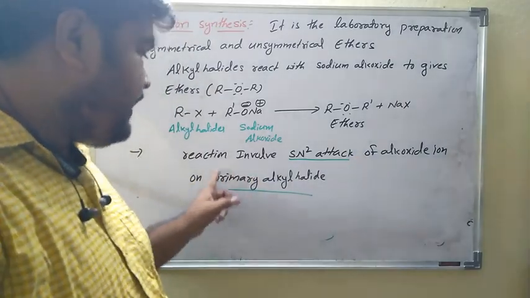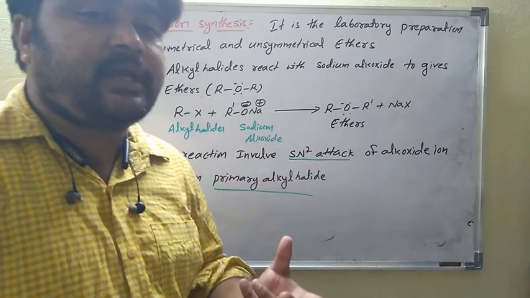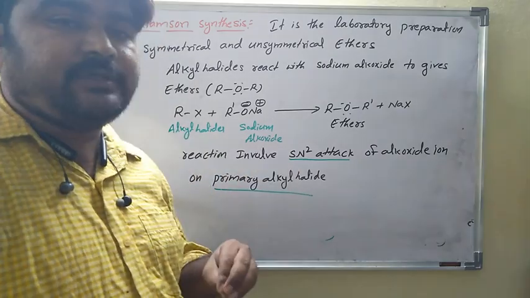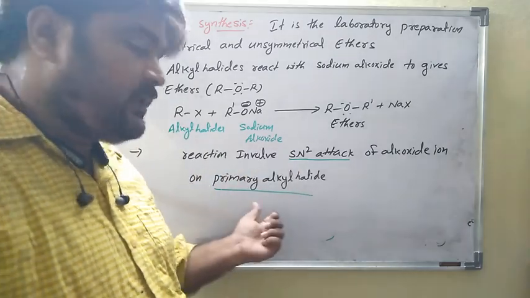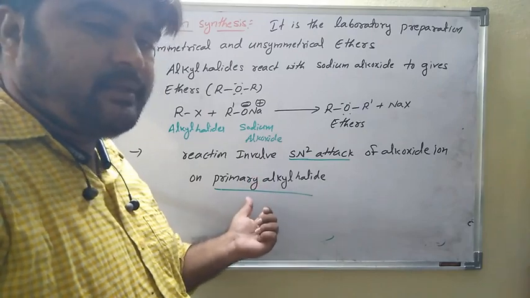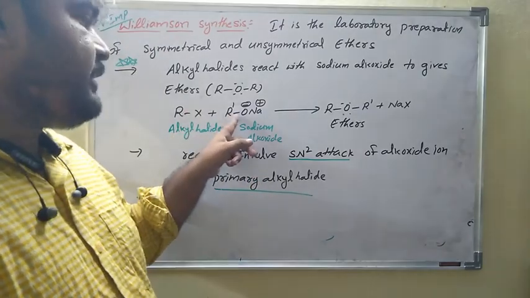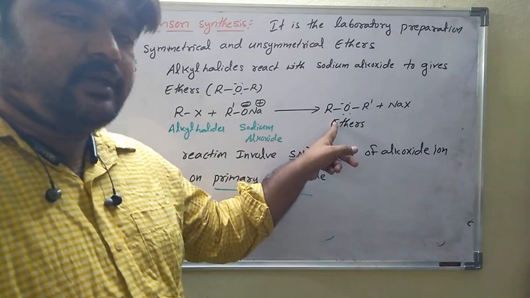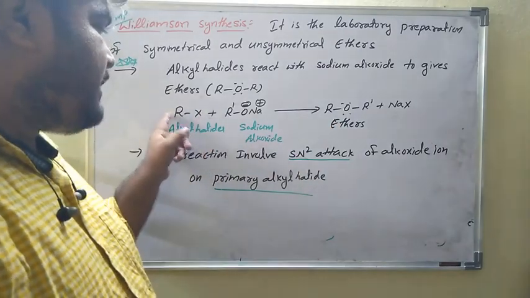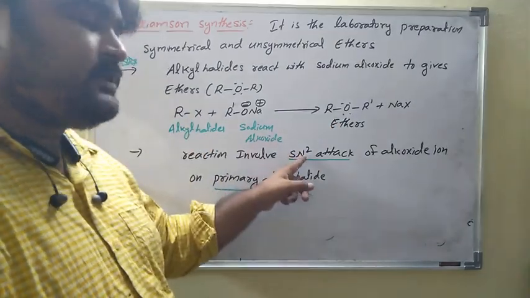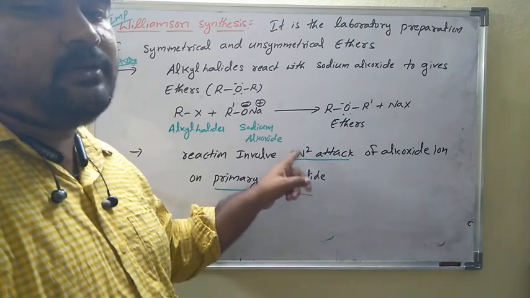If the alkyl halide is primary, the reaction mechanism is SN2. Is it clear? A primary alkyl halide reacts with sodium alkoxide to give ethers only.